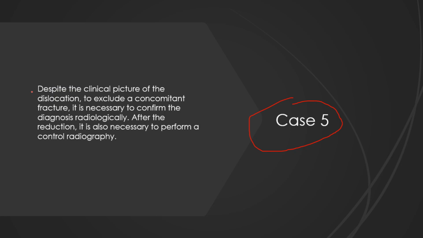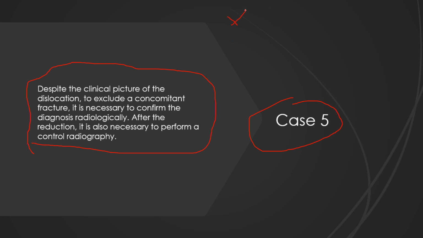And case number 5. You remember that there you need to find the mistake. What don't the doctors do? Despite the clinical picture of the dislocation, to exclude a concomitant fracture, it is necessary to confirm the diagnosis radiologically. After the reduction, it is also necessary to perform a control radiography. So the mistake in this situation is that they don't do an X-ray first, before they do the correction of the dislocation.